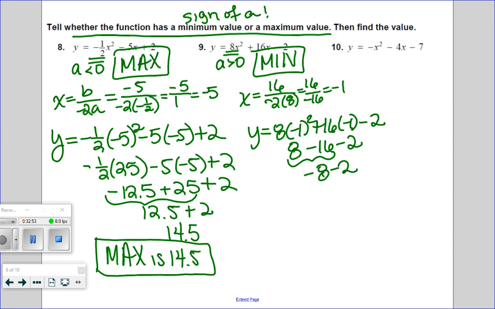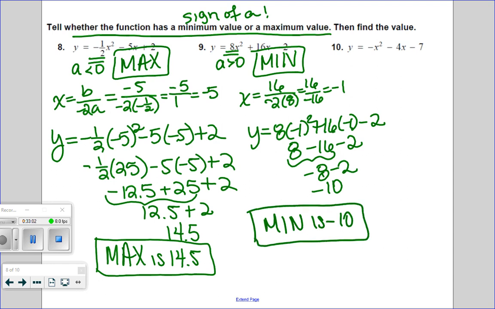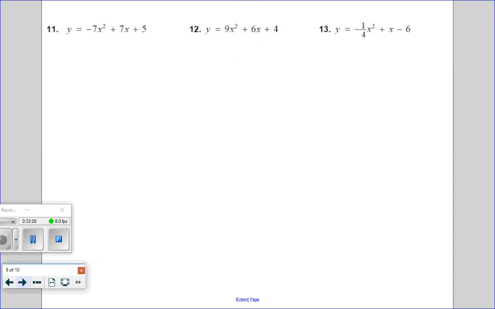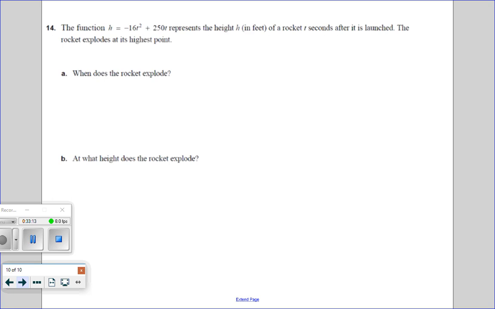And negative 8 minus 2 is negative 10. So our min is negative 10. All right, then we're going to move on to the word problem and finish out with that.